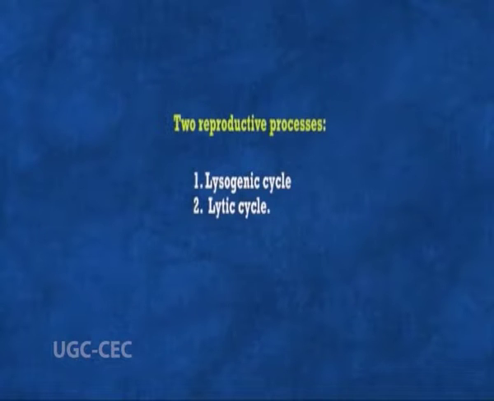So they are also called virulent phage. The lysogenic cycle and the lytic cycle are the two reproductive processes seen in bacteriophages. When the infection of the cell by bacteriophage results in the production of a new variant, then the infection is said to be productive.